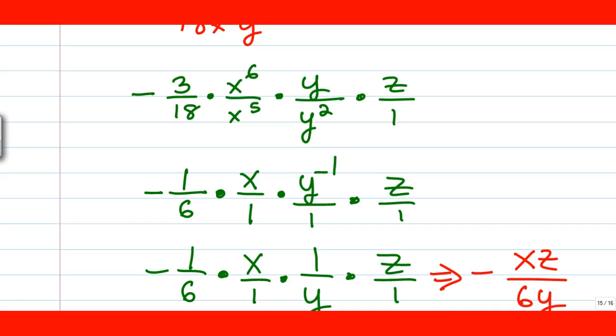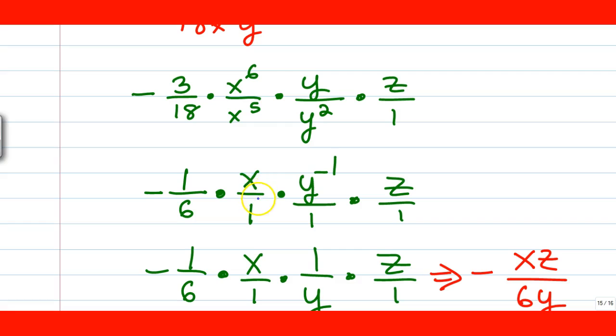Now I can come through here and finish the math. Well, 18 is not going to divide into 3 evenly, but I can do some reducing. So I know that a 3 will go into 18, so 3 goes into 3 one time, and 3 goes into 18 6 times, creating the negative 1/6.